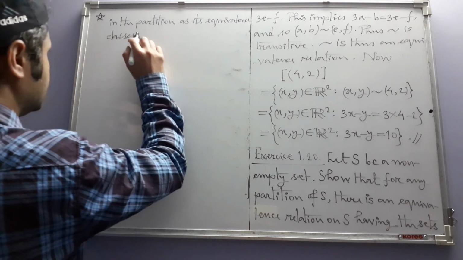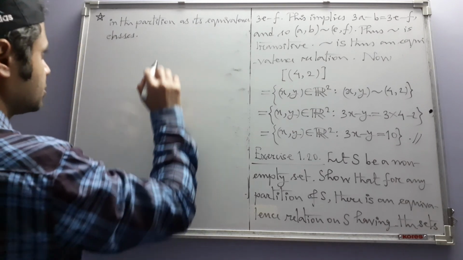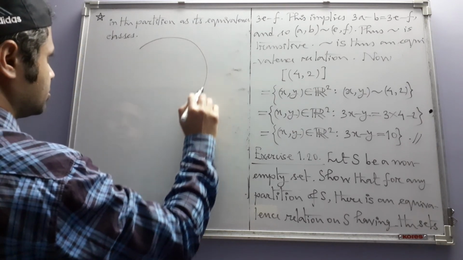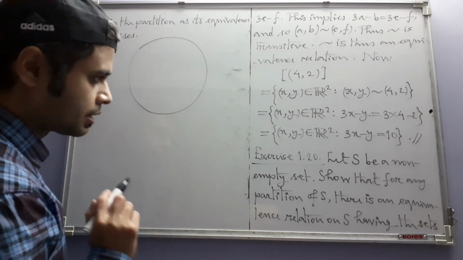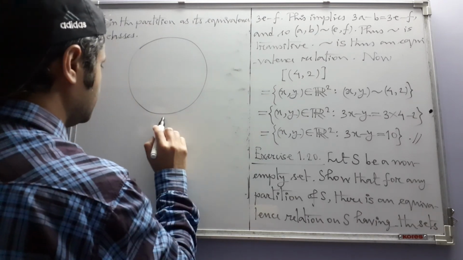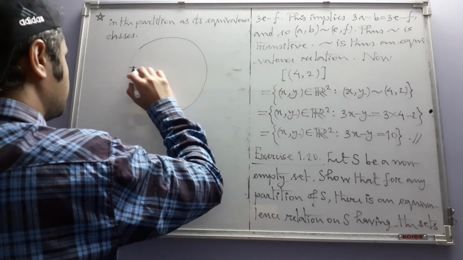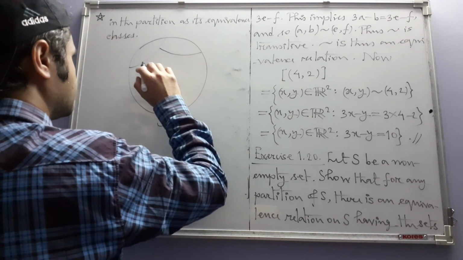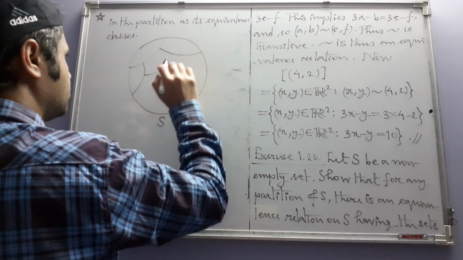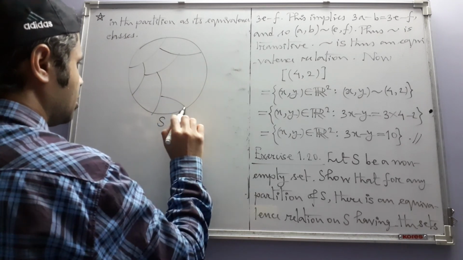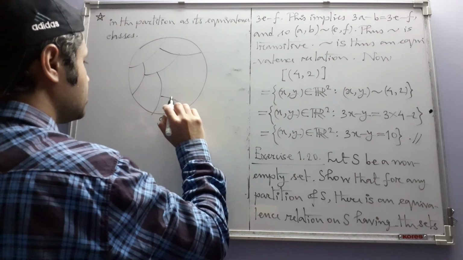However, before we end things, let's just see what this exercise is asking us to do. This is our set S, which is a non-empty set, and there is a partition of S into disjoint sets.